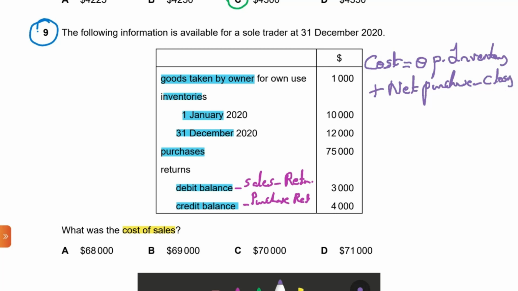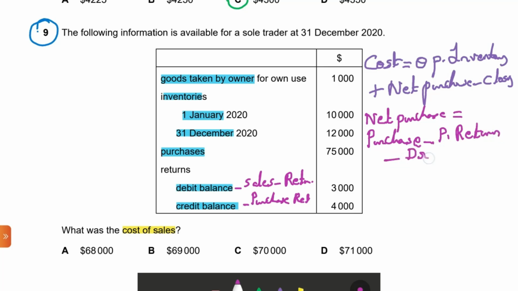So what is the net purchase? Net purchase is equal to purchase minus purchase return minus drawing, goods taken by drawing.